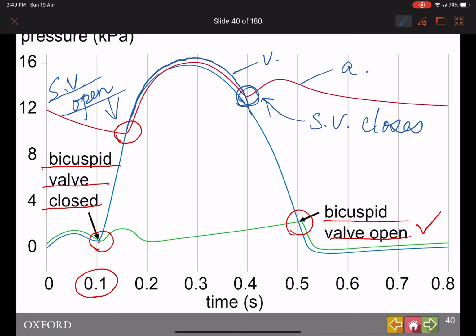It will close at this point. So in observing these curves, at different time spots, you can tell what happens to the valves, or the action of the heart chambers, both the ventricles and the atria.